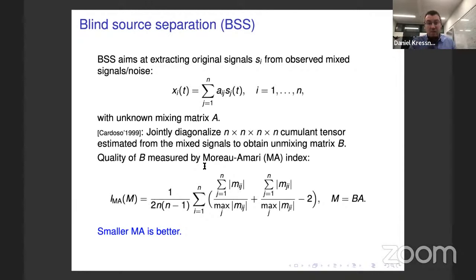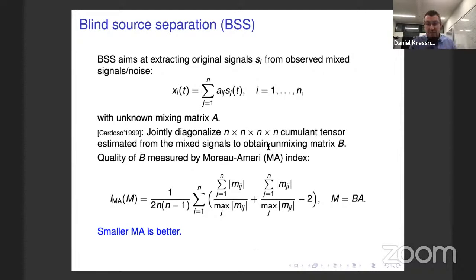This index is one of the ways of measuring the quality of B, and a smaller index is better. This is going to be close to 1 if you only have one non-zero entry in that row or column, and you subtract 2. So this is going to be 0 if and only if you have only one entry in the corresponding row and column. That's one way of measuring the quality of the obtained unmixing matrix B.